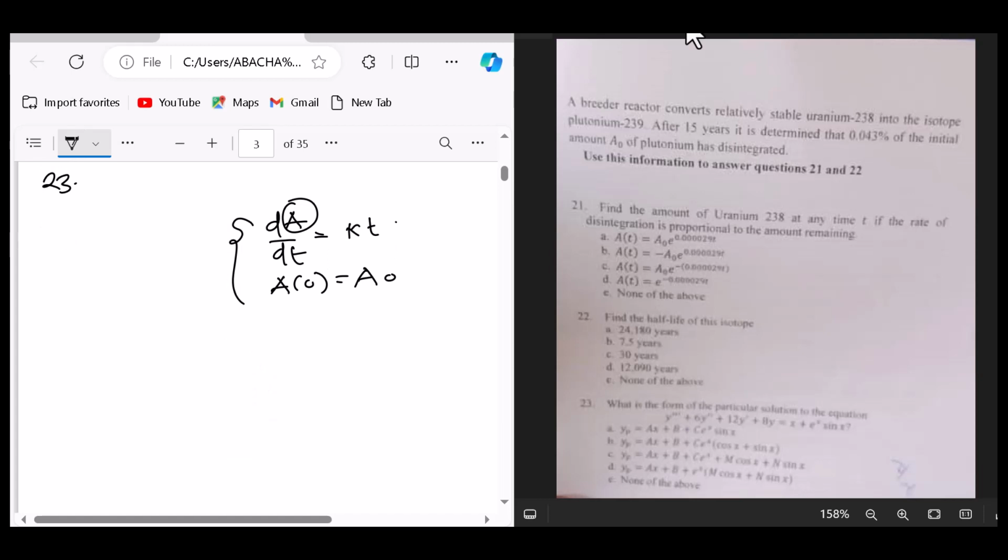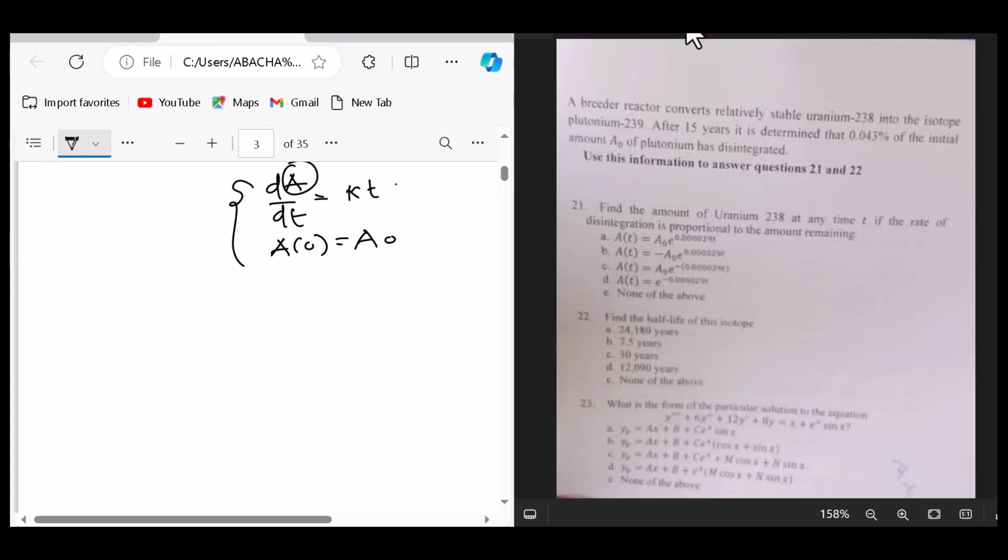When we solve this, we have A of t equals A naught e power kt, where k is the constant of disintegration and t is the time.